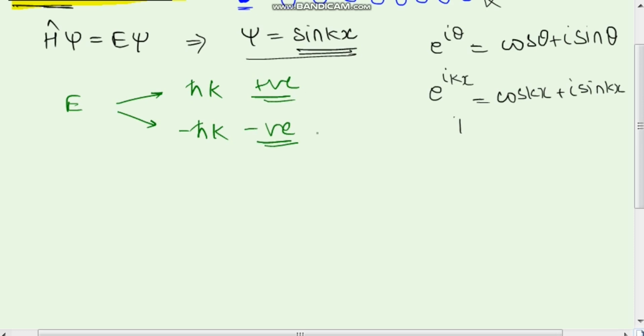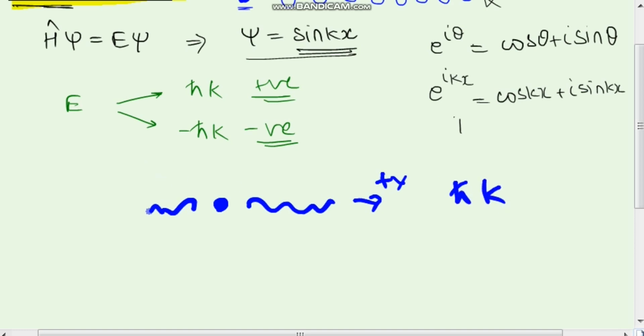So here you are. Now you have two values of momentum. And that's reasonable. I mean, why would the particle go in only one direction with this energy? If it has this much energy, then it can go in either direction. So the particle is moving in the positive x direction with a momentum of h cross k, and it is also moving in the negative x direction with the momentum minus h cross k.